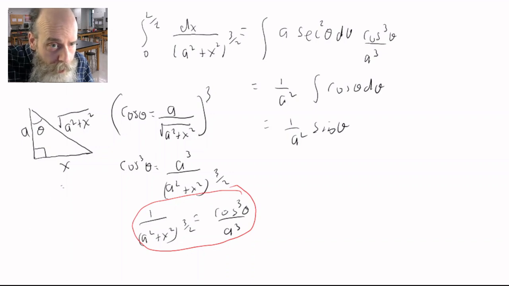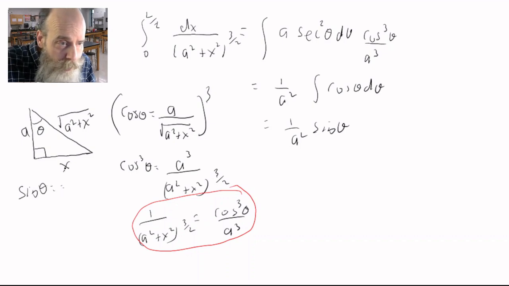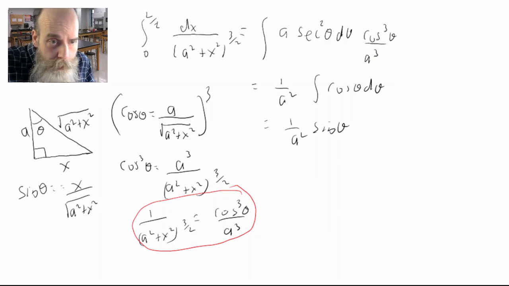So from our triangle, we see that sine theta, opposite over hypotenuse, is x over square root a squared plus x squared. So our integral then becomes 1 over a squared times x over square root a squared plus x squared.